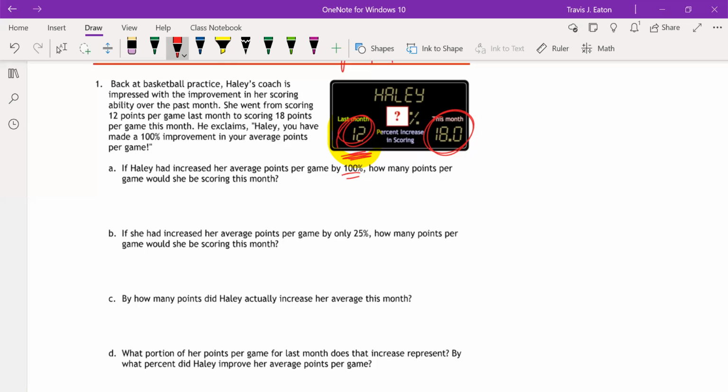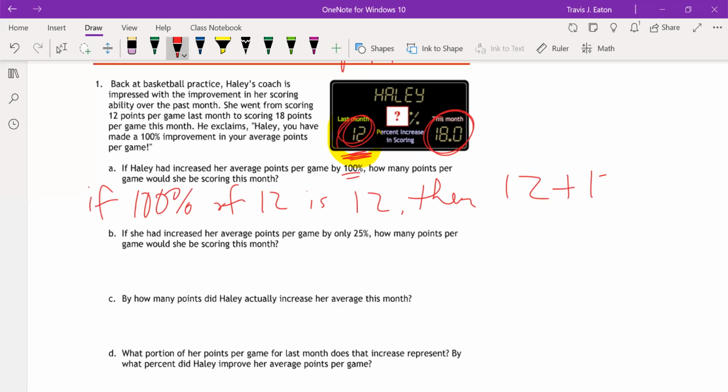Well, if 100% of 12 is 12, then you'd have to take the points that she scored last month plus 100% of that added to that, which would make it 24 points per game. Interesting, right? Does that make sense?